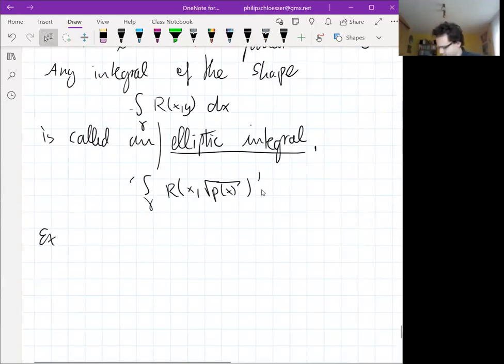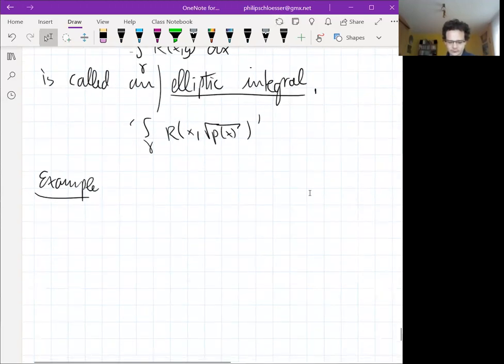So how can we describe our favorite elliptic integrals? Let k be a number between 0 and 1.